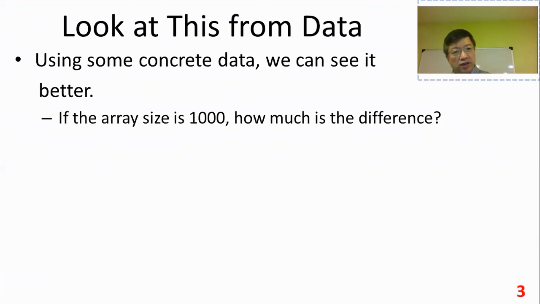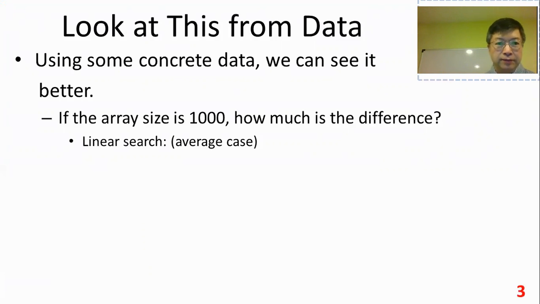What kind of data do we need? For the first example, we use array size 1,000. So there are 1,000 elements in this array. Now, let's apply linear search and binary search on it, and see how many comparisons we use for these two different methods.